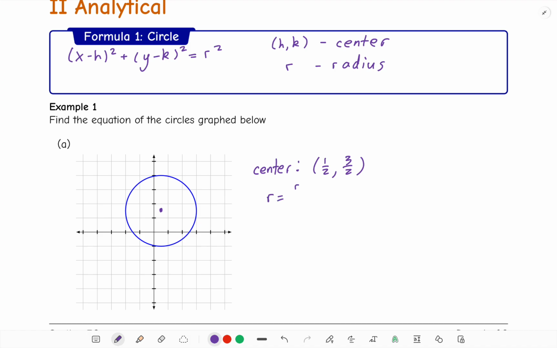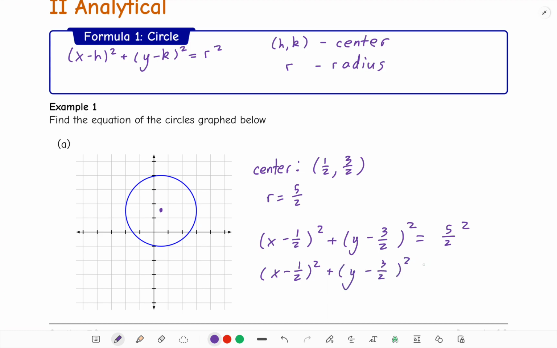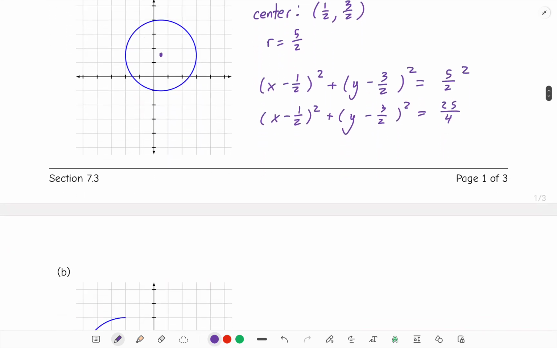So r equals 5/2. So we get (x minus 1/2) squared plus (y minus 3/2) squared equals (5/2) squared. 5/2 squared is 5/2 times 5/2, which is 25/4. So that's the equation of this circle.